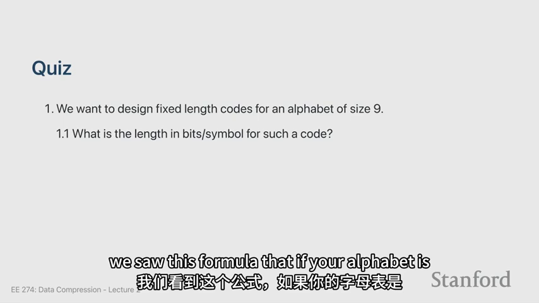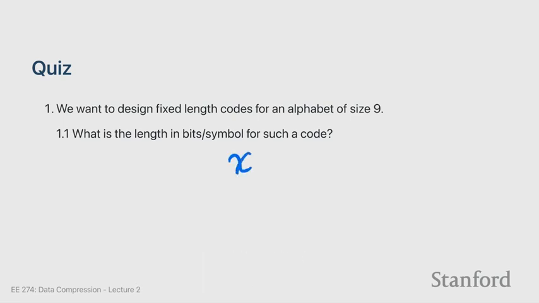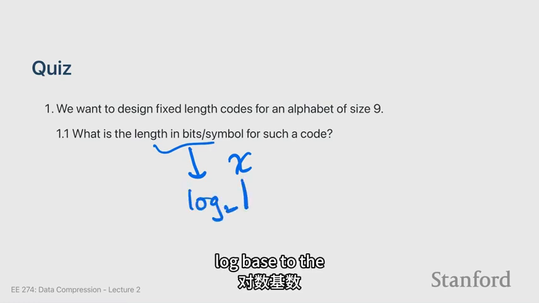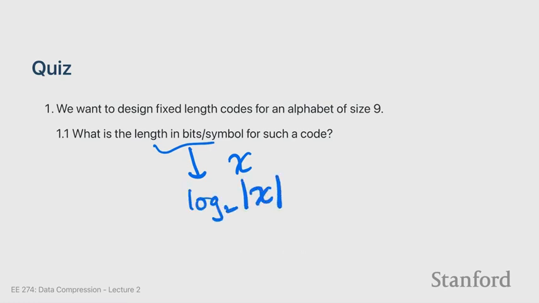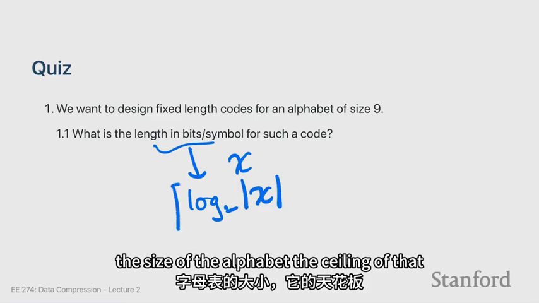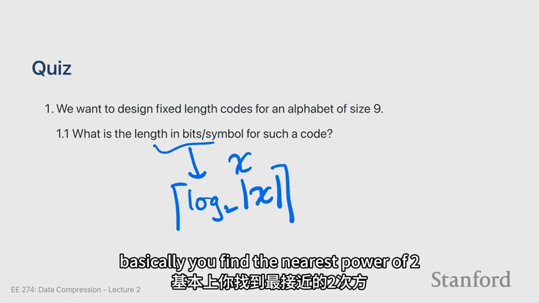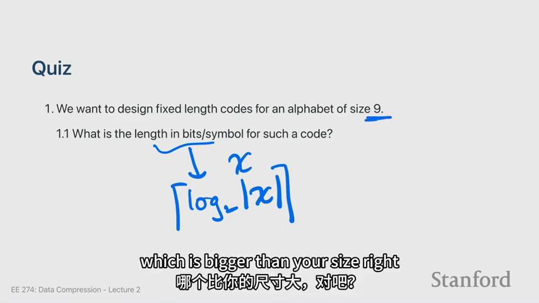Right, and in last class we saw this formula that if your alphabet is X, then the bits per symbol is log base 2 of the size of the alphabet, the ceiling of that. So in simple words, basically you find the nearest power of 2 which is bigger than your size, right?